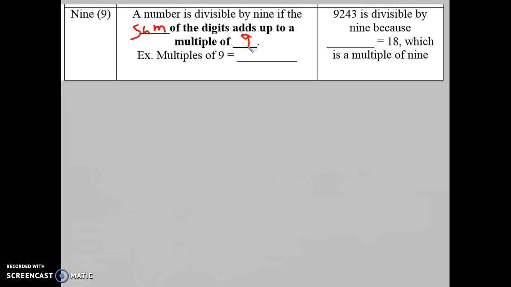So let's try 36. If I take 36 and I say, well, what's 3 plus 6? I get an answer of 9. Well, 9 is divisible by 9, so yes, that is a multiple. That works for the divisibility rule of 9.